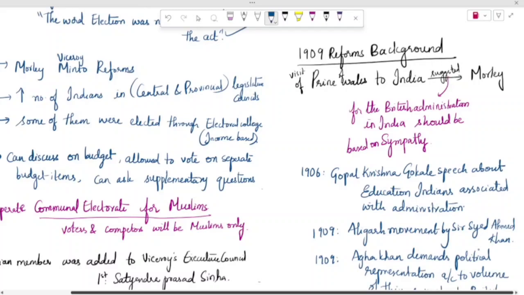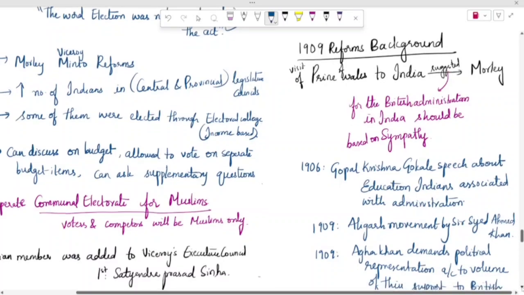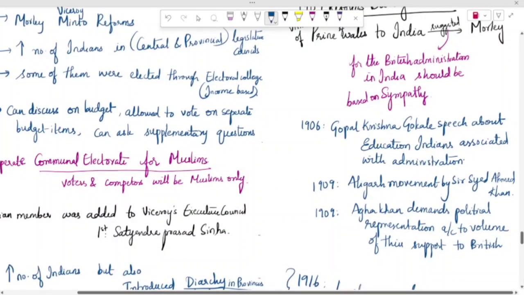And Sir Syed Ahmad Khan brought the Aligarh movement, the Aligarh Muslim movement, and he wanted Muslims to become literate and more liberalized. And in 1909, Aga Khan demanded separate political representation, not based on the number of Muslims in India.